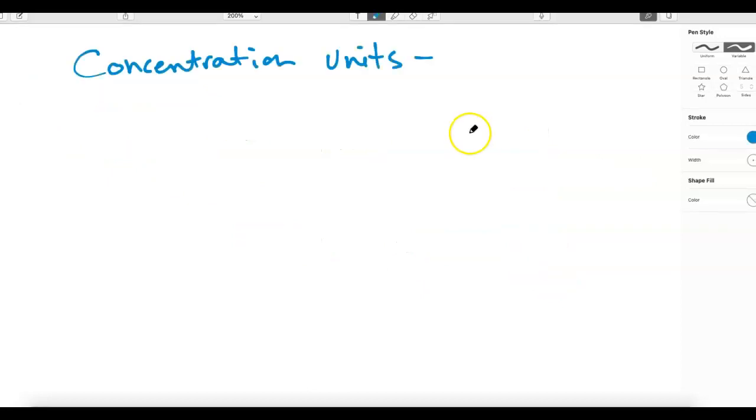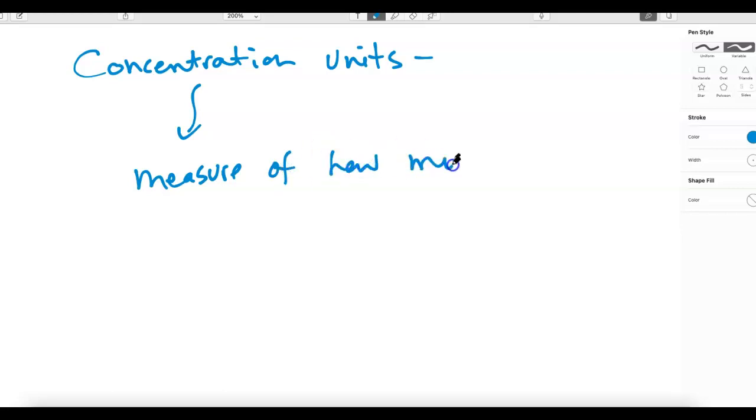What else we're going to focus a lot of time on is looking at different concentration units, and it's going to be really important that you can go back and forth between the different units. So if you're given, say, molarity, to be able to go to one of these other definitions. And in general, concentration is a measure of how much solute is in a solution.